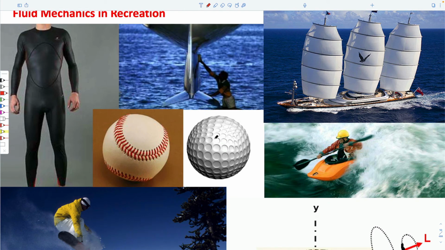We know why the dimples on a golf ball are useful, because on that coefficient of drag curve, as you go into the turbulent regime, it has a little drop. That is where you use those dimples to make it go into this turbulent boundary flow regime early.